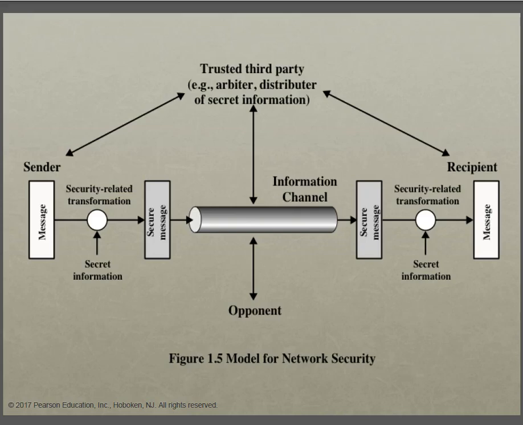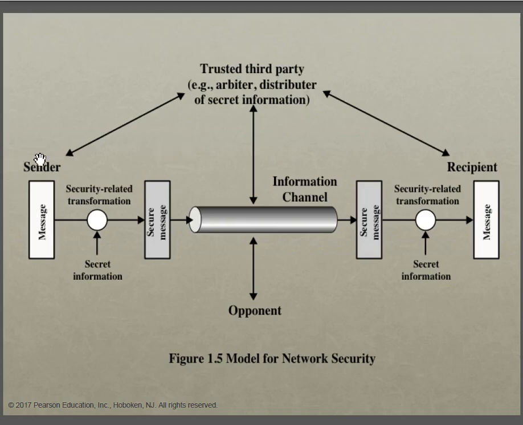So all of the techniques for providing security have two components. The first one is a security related transformation from the sender side, and the second is some secret information shared by the two principals. That is an example of this kind. The opponent is here, and the trusted third party, for example, the secret information distributor, and so on.